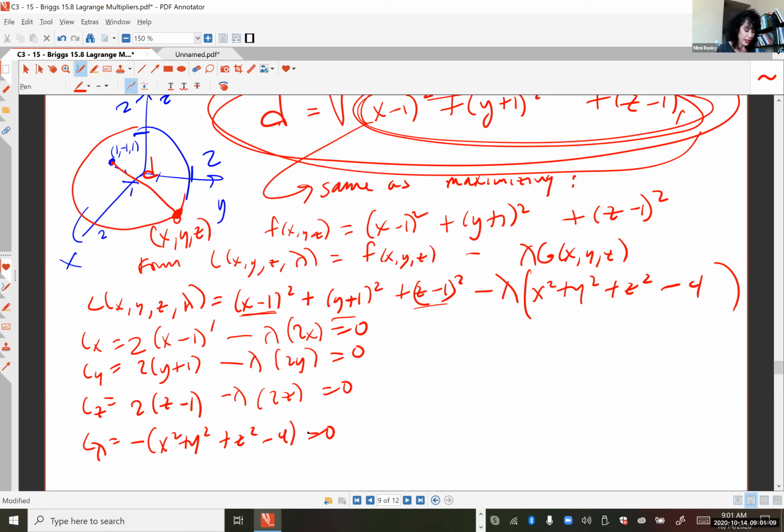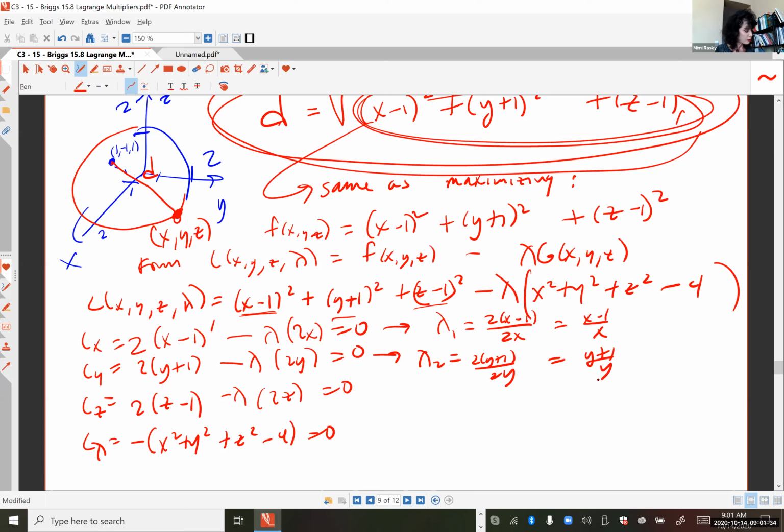We know. Okay, now my technique where I get my lambdas. So my lambda 1 is going to be 2(x minus 1) over 2x, but you can reduce this to lowest terms and you'll just have (x minus 1) over x. Okay, then I solve for lambda with the second equation and I get lambda will be 2(y plus 1) all over 2y, and reduce it because the 2's cancel.